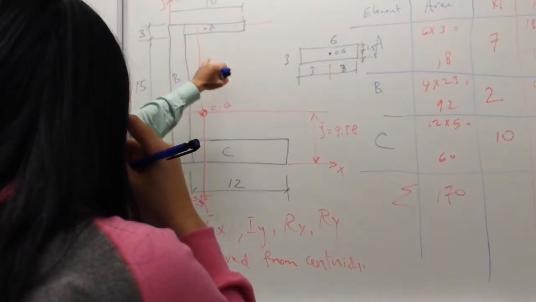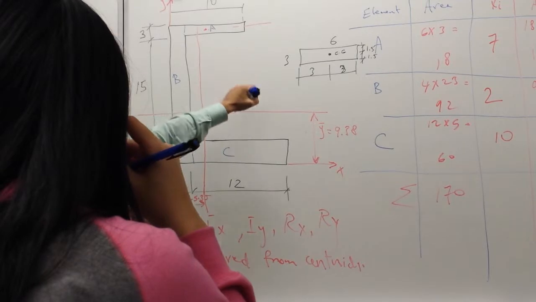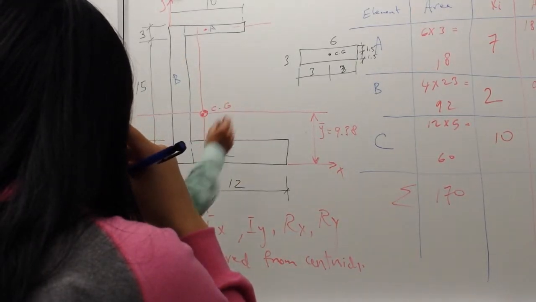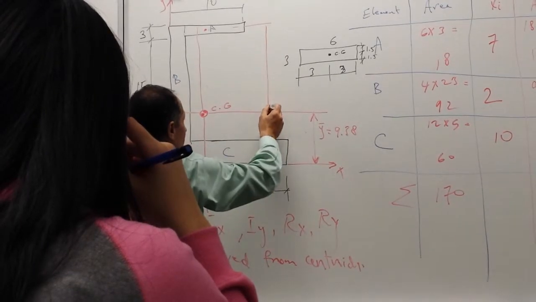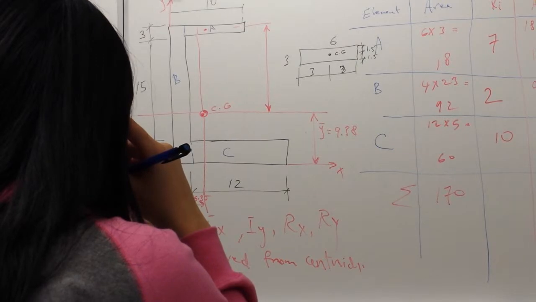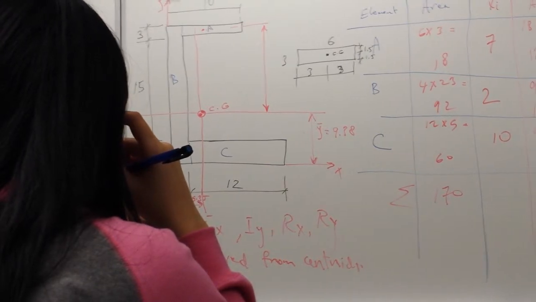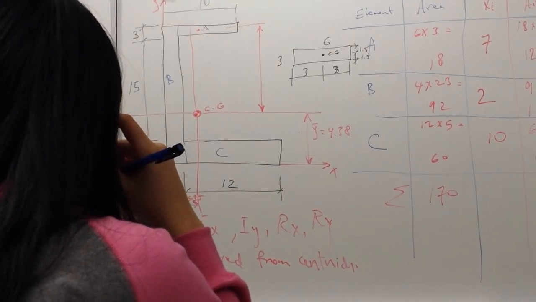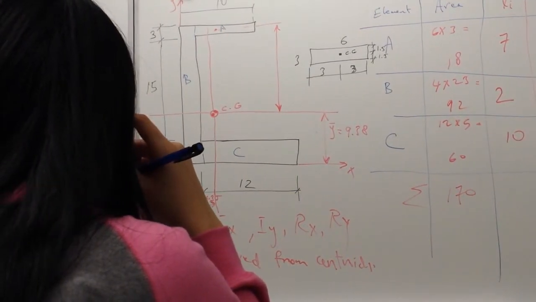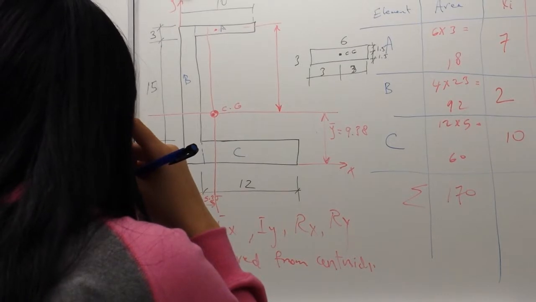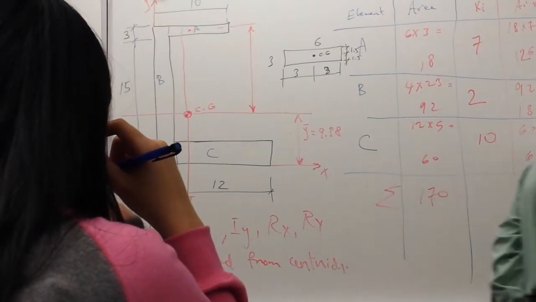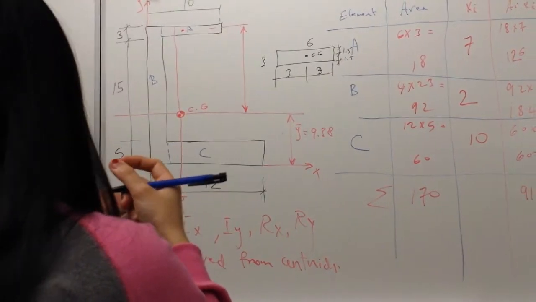So this is the X axis that goes through the center of gravity of element A. Then I need this distance here. How to find it? 21.5 minus 9.38. Correct? Give me a number. 12.12.